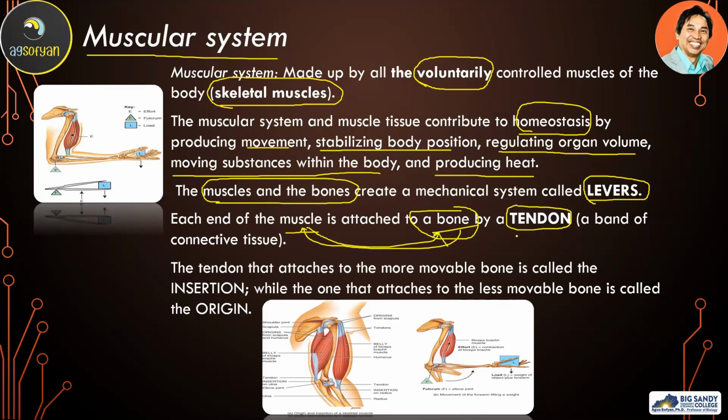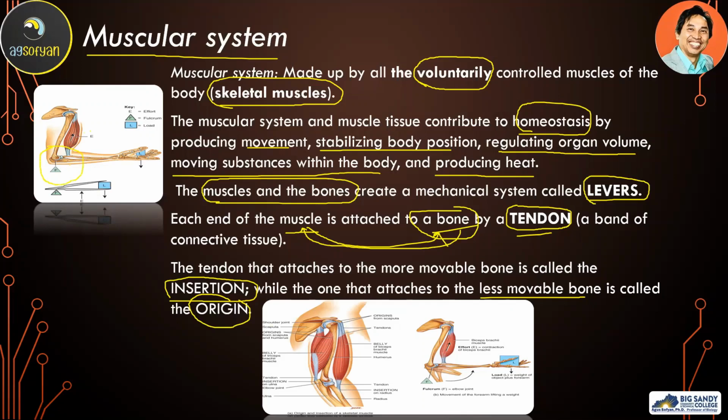Okay, this is what we call the tendon. And the tendon that attaches to the more movable bone is called the insertion. The one that attaches to the less movable bone is called the origin. So for example, we can use the elbow joint.